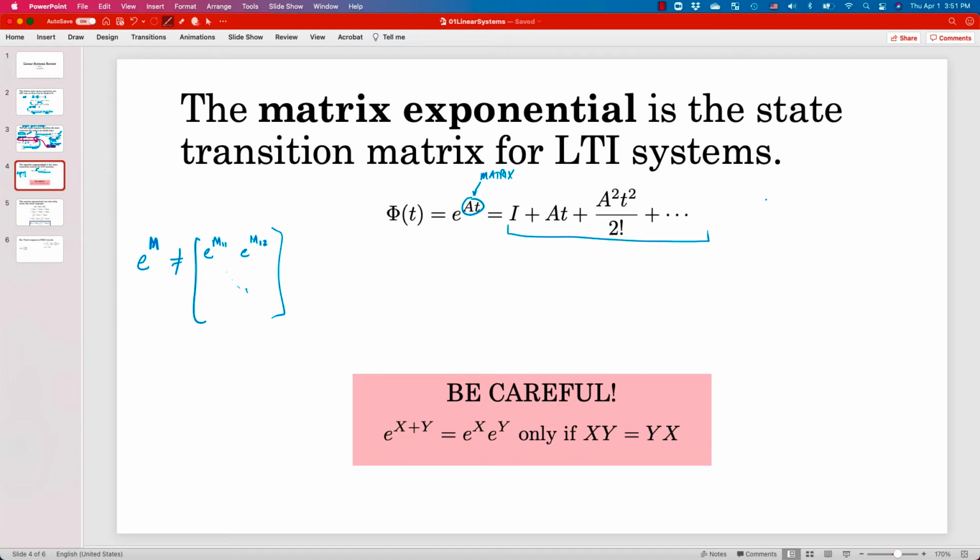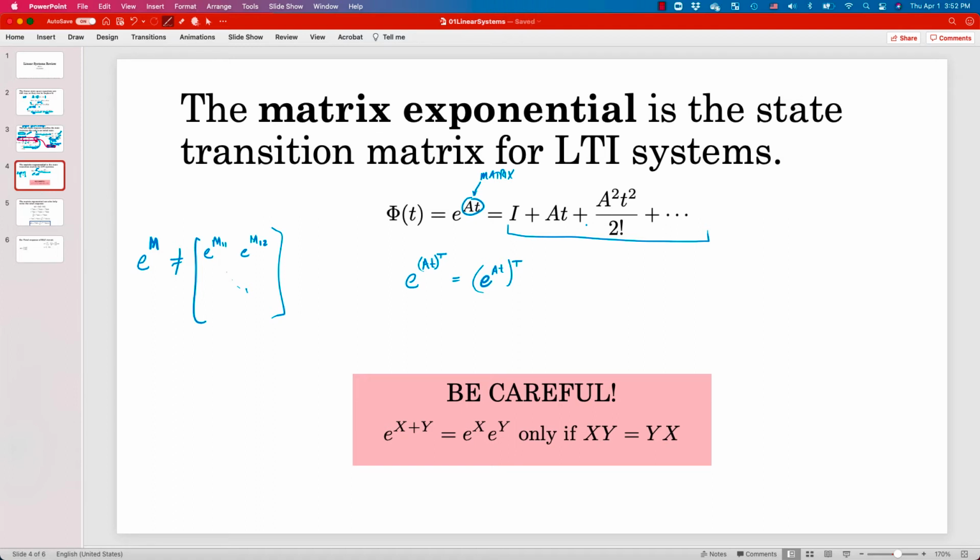There are a lot of nice properties that the matrix exponential has, including if you take e to the A transpose, that's just the same as e to the A, transposed. And there are a lot of similar results you can get just by using the definition here.